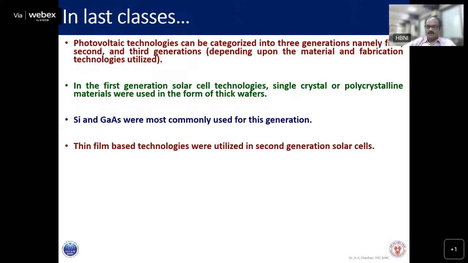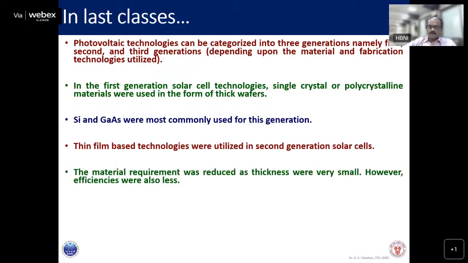Then thin film based technologies came into the picture, where a very thin film of the active material is utilized for solar cells.